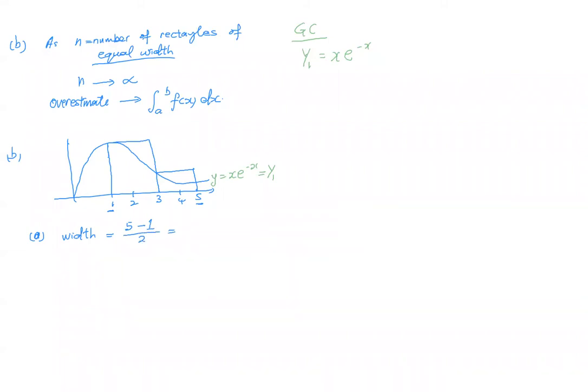So the width of the rectangle is 2. Okay, so you get the overestimate. So the width is 2 because it's an equal width. So we put the width outside. So this is always the width.